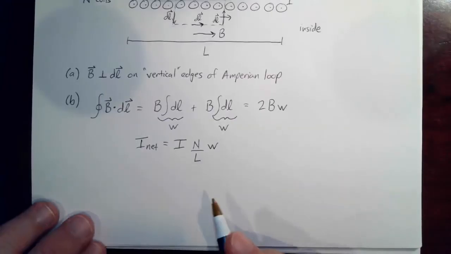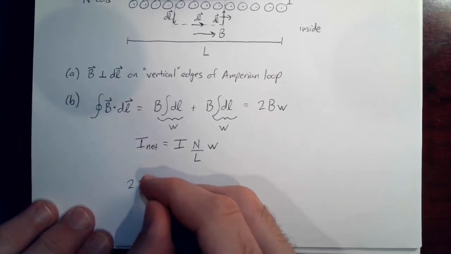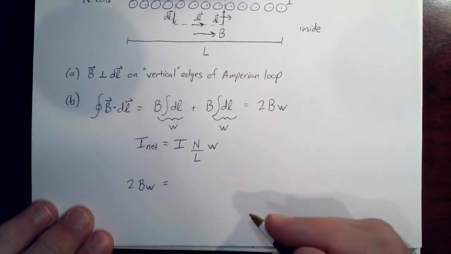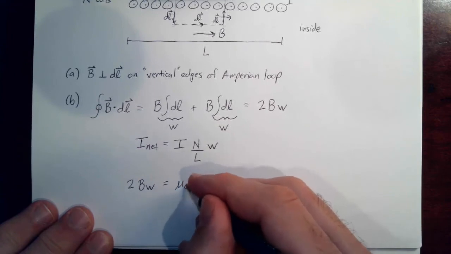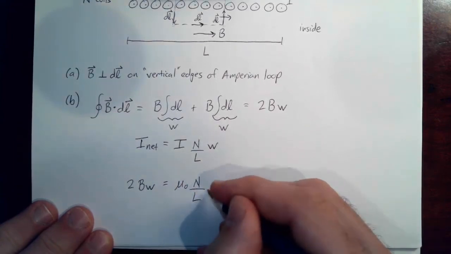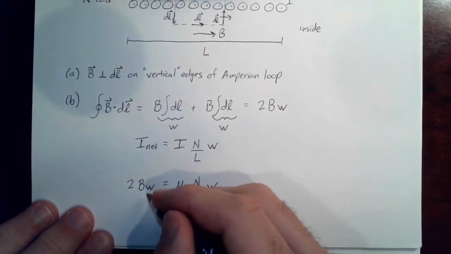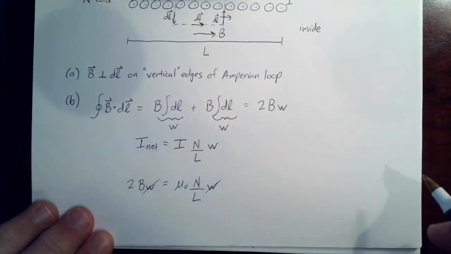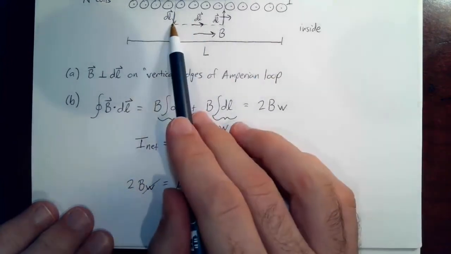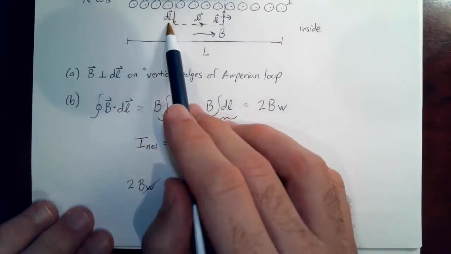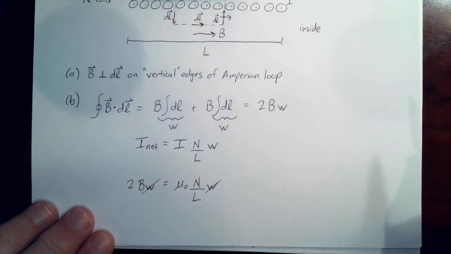All right, so let's equate our left-hand side, BW, and our right-hand side, which is mu naught N over L W. The W's cancel, which is to be expected, right? Because W was the dimension of my imaginary Amperian loop.